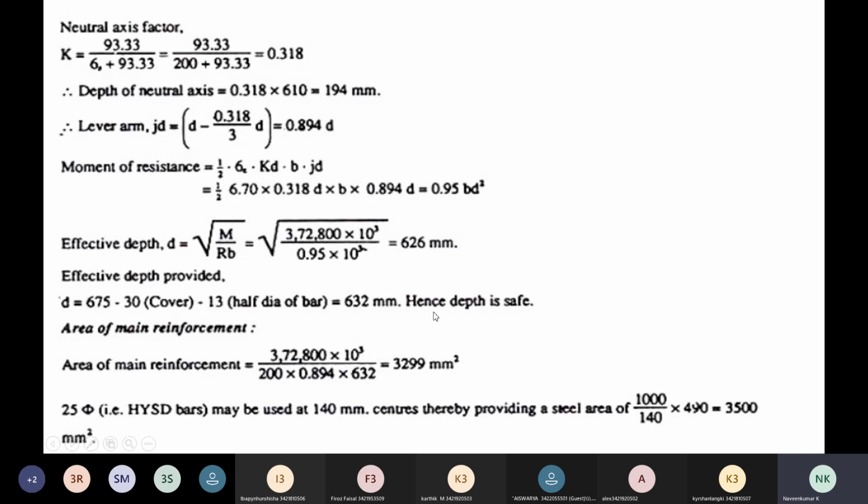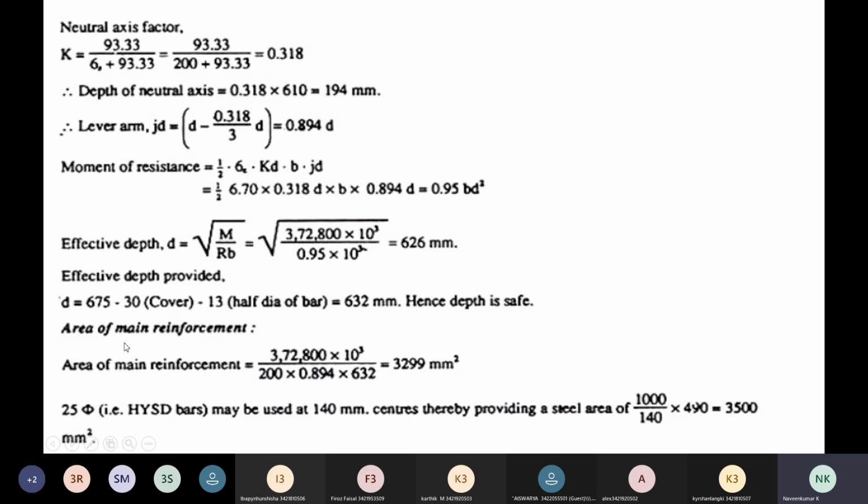Hence our structure is safe. So 626 is the depth as per the recommendation, but you are providing 632. Therefore our recommendation is right. We can follow this value for the effective depth itself.